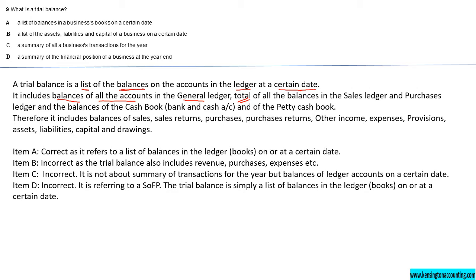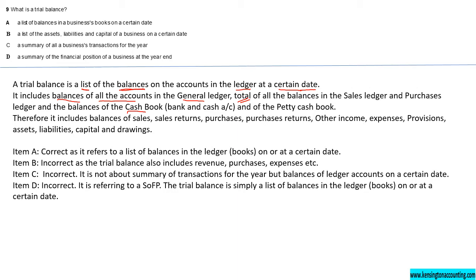It also includes balances on the cash book, which is the bank account balance and the cash account balance, and the balance on the petty cash book, which is the balance on the petty cash account. Therefore, the trial balance includes items such as sales, sales returns, income, expenses, provisions, assets, liabilities, capital, and drawings. Now let's go to our question.